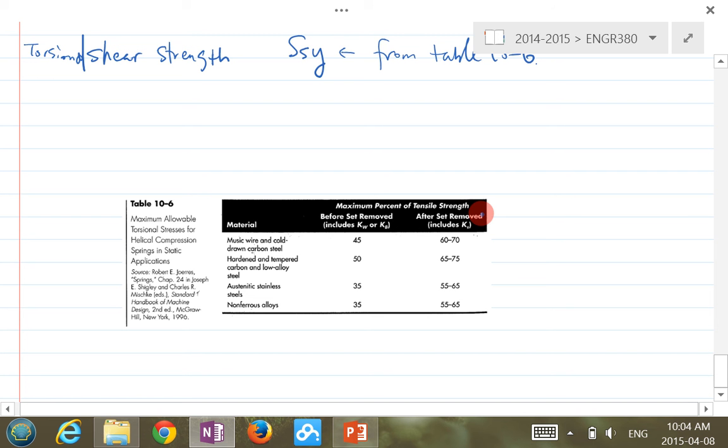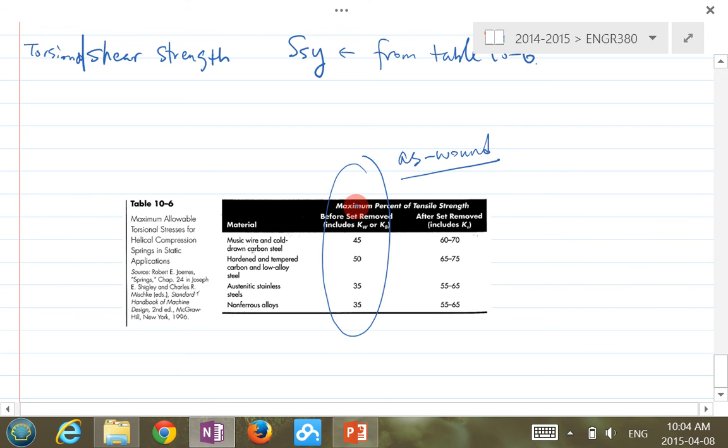Once you let it go, it goes to your desired free length, because the maximum deflection cannot go beyond the closed condition. That means the permanent set condition is removed. That's called set removal. Before set removal means you don't do any of that process. This column here, we sometimes call just as wound.